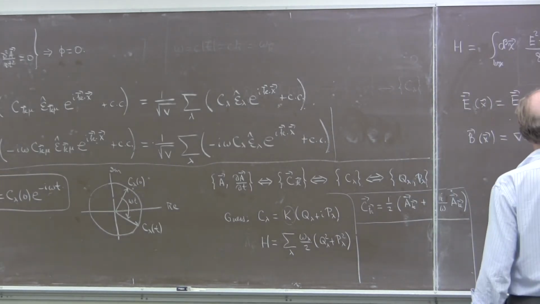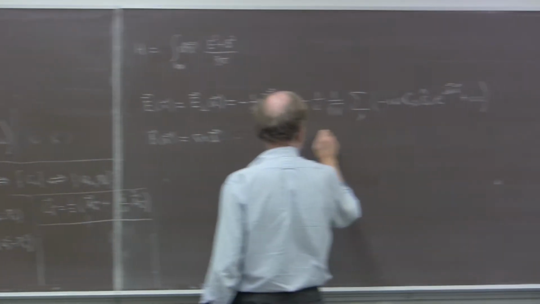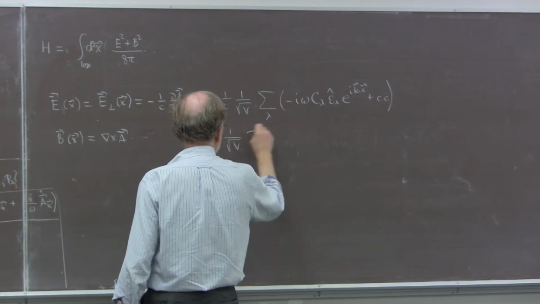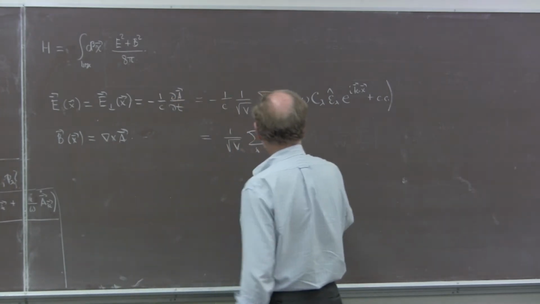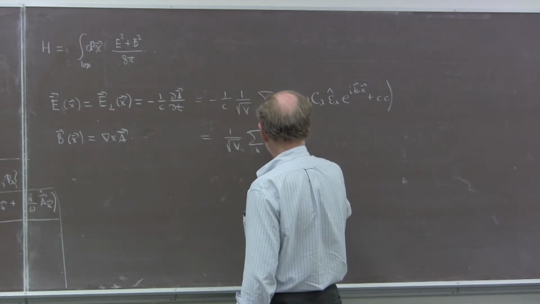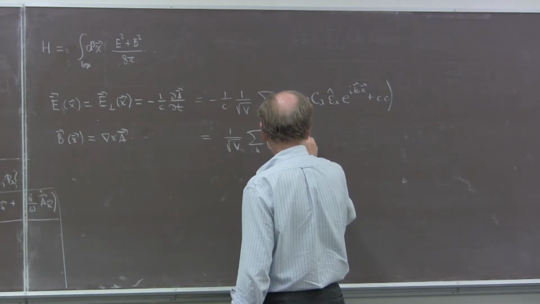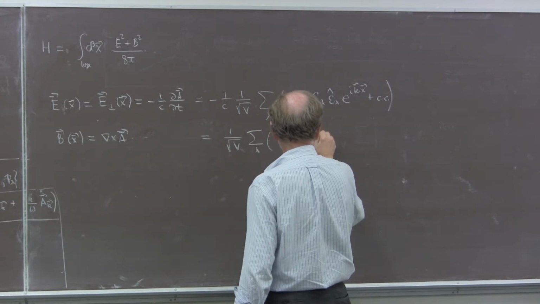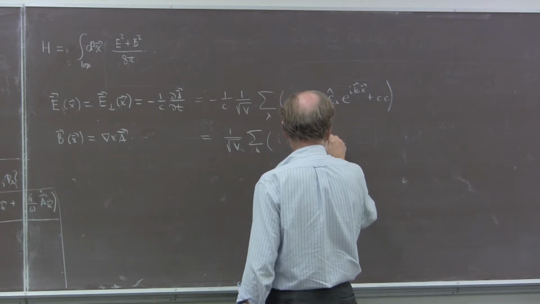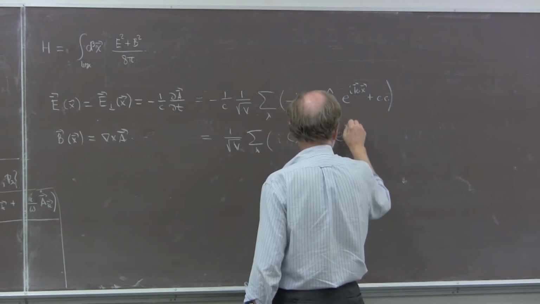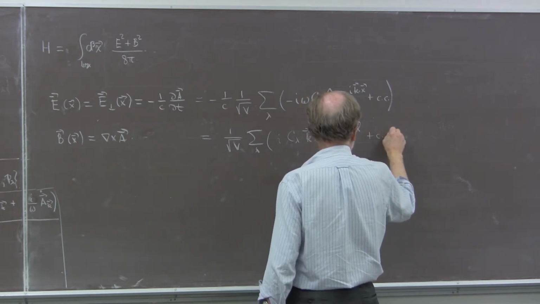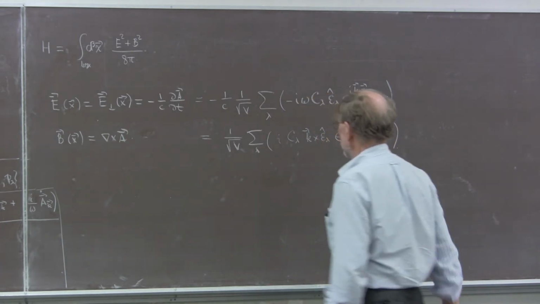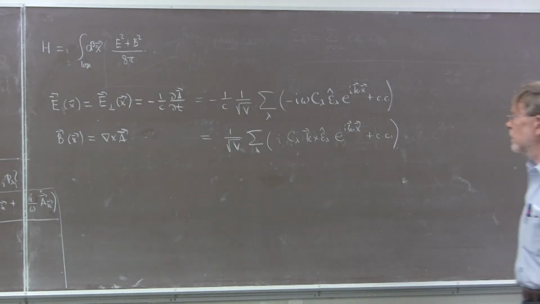So this is going to give us 1 over the square root of volume, sum on the modes lambda, and then we're going to have i times c sub lambda times k crossed into epsilon hat lambda times e to the i k dot x plus complex conjugate. That's the magnetic field contribution, written in terms of the mode amplitudes, the c lambdas.